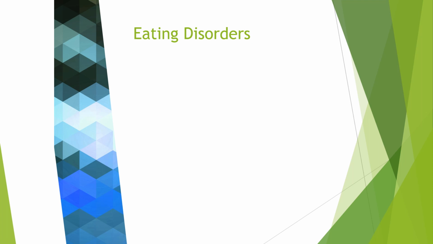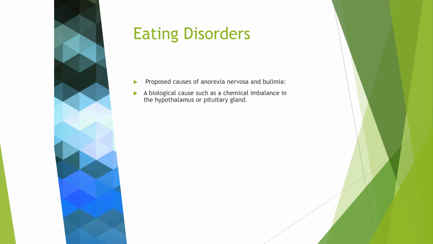Let's think about some of the various causes we have for eating disorders. So proposed causes of anorexia nervosa and bulimia. A biological cause, such as some chemical imbalance in the hypothalamus or the pituitary gland. So sometimes there may be this biological cause where you have this chemical imbalance with the hypothalamus and the pituitary gland, which we already know from those biological factors that those are definitely involved with this sense of hunger.